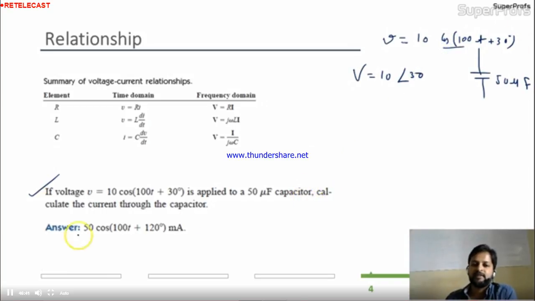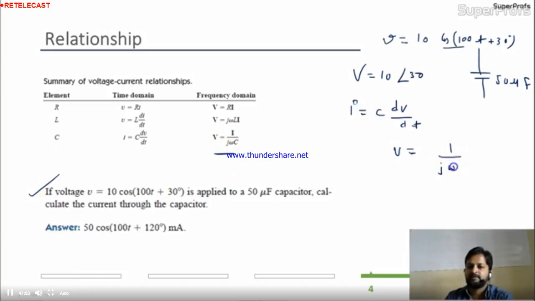Now he is asking for the current. So the current equation is C dV by dt, correct? Or in the phasor domain, you can use this formula: V is I by j omega C. You need to calculate I only.